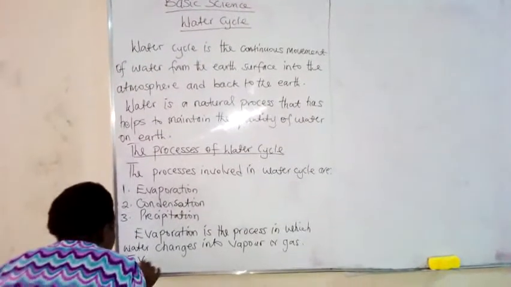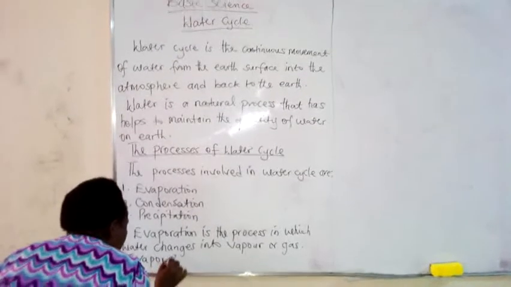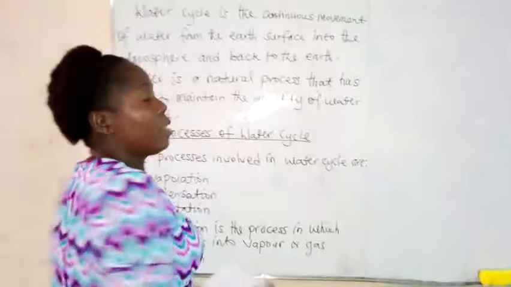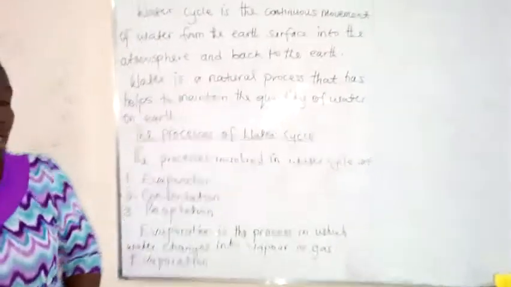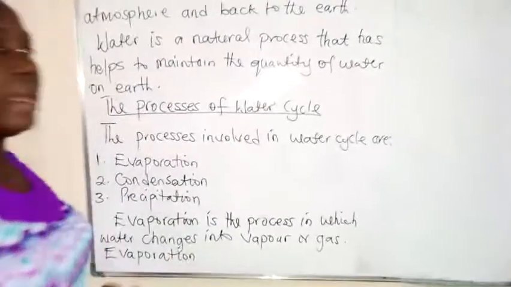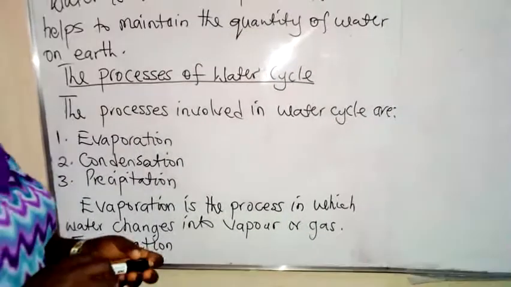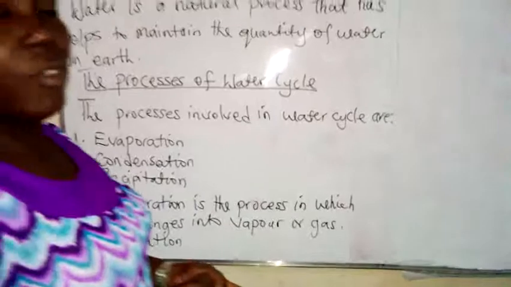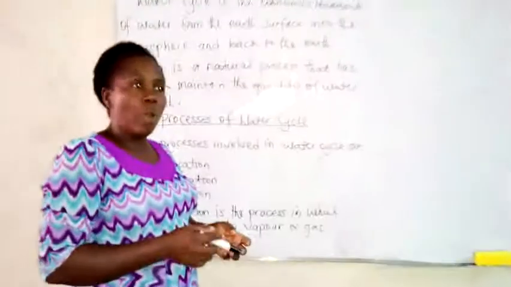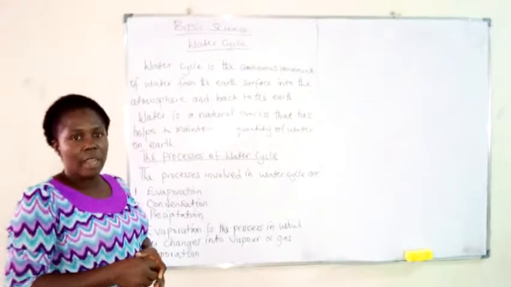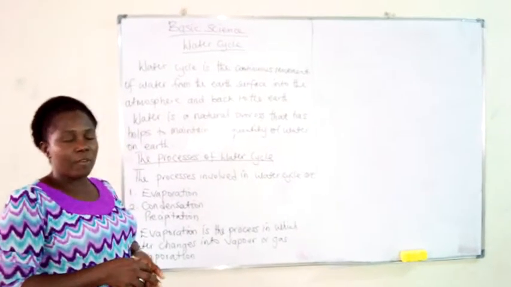This evaporation we are talking about now, what makes it possible? What makes water evaporate? Evaporation of water is mainly caused by solar energy. We have learned forms of energy in our previous classes. So when we are talking about solar energy, we are talking about the sun, energy derived from the sun.